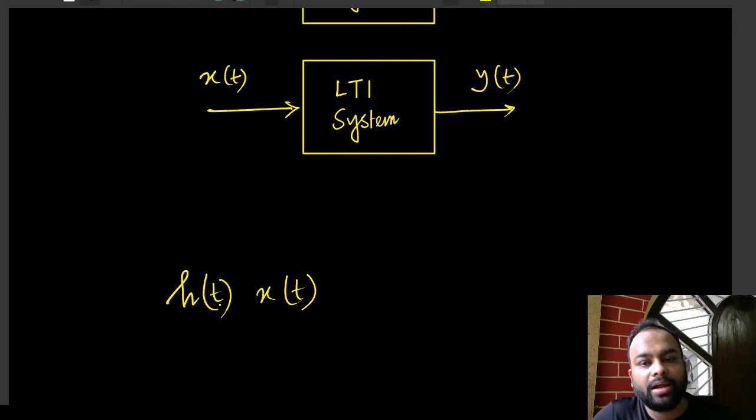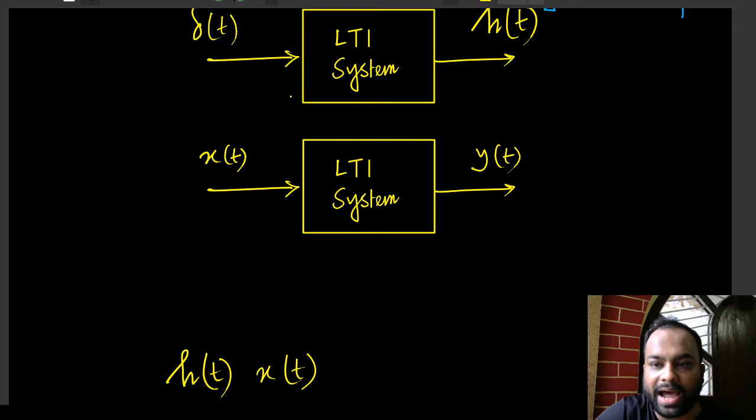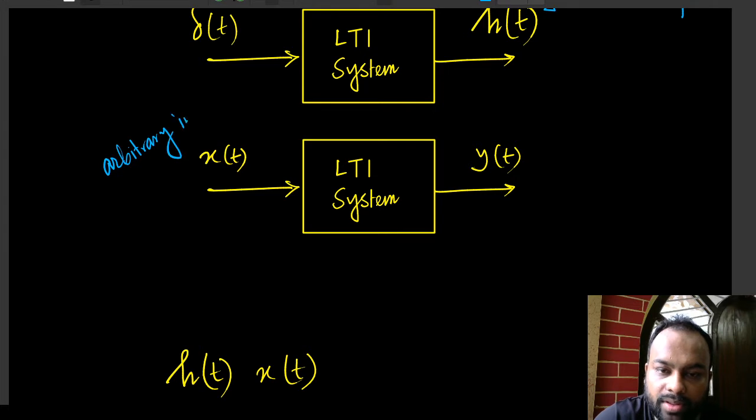For an LTI system, a linear time invariant system, you can entirely calculate the output of the system to any arbitrary input. This is an arbitrary input, and this is an impulse input.